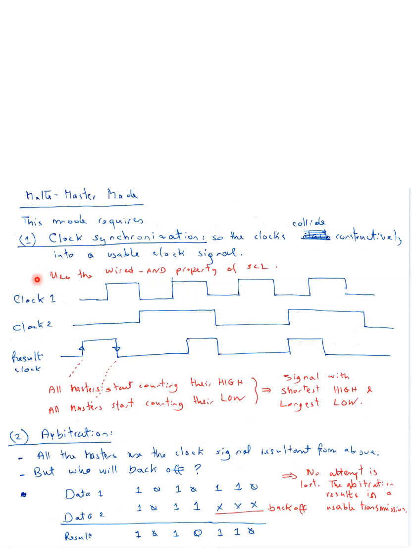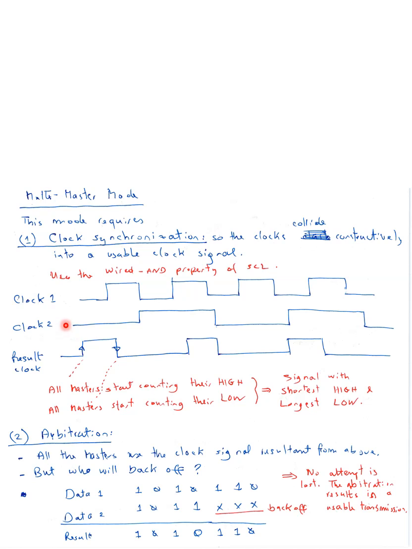The wired-AND property means the low prevails. If multiple devices transmit a high on the wire and one transmits a low, the low will prevail because the line is pulled up to VCC. So if anybody puts a low, the state of the bus is gonna be a low.